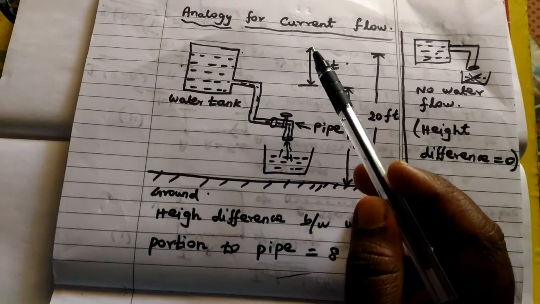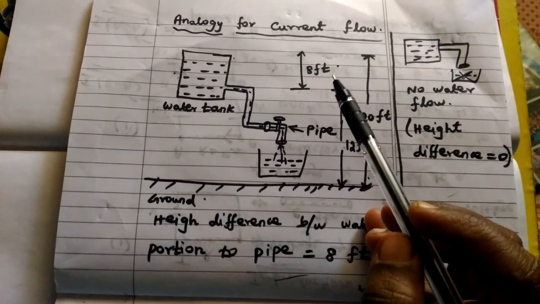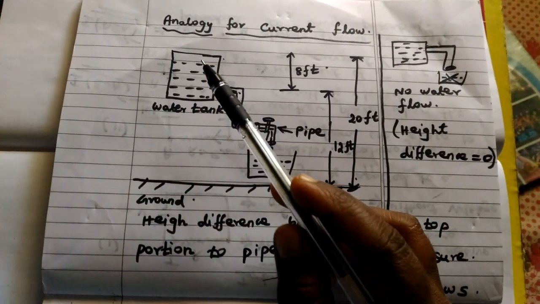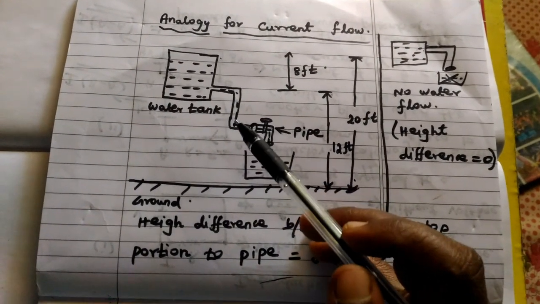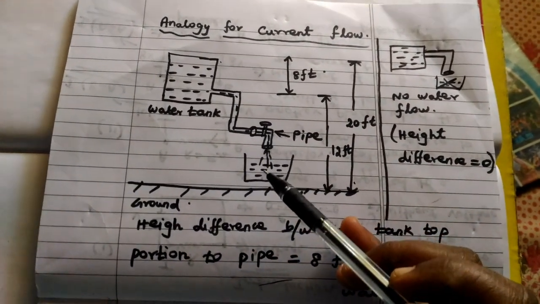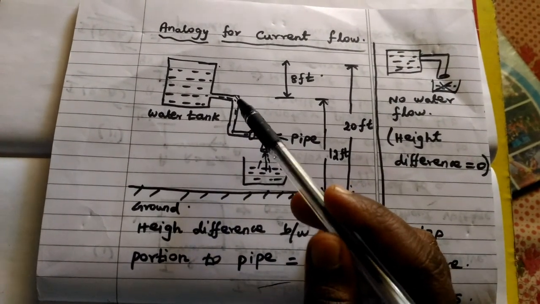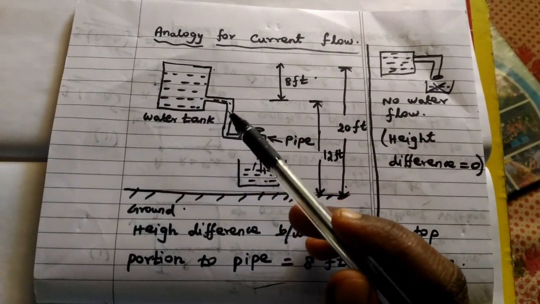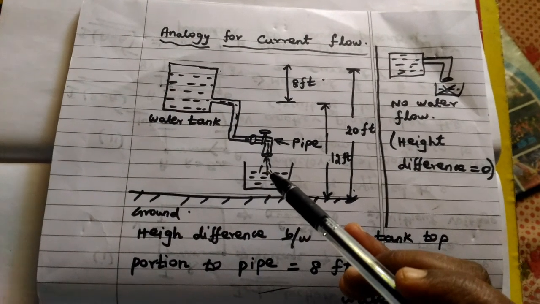So what is the height difference between the top of the tank and the pipe? It is 8 feet. That height difference is important to maintain the pressure inside the tank. Due to the pressure, the water flows through the pipe and finally reaches the container. Without any height difference between the pipe and the top of the tank, there is no pressure, so no water flows through the pipe to the container, right?